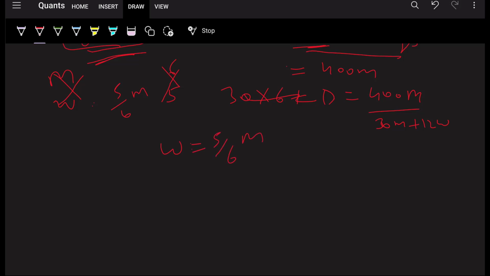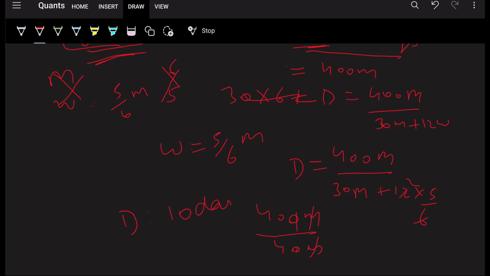So I will put it here: 400 m divided by 30 m plus 12 into 5 by 6 of m. So m divided by 40 m, so the days equal 10 days. So it will be our answer.